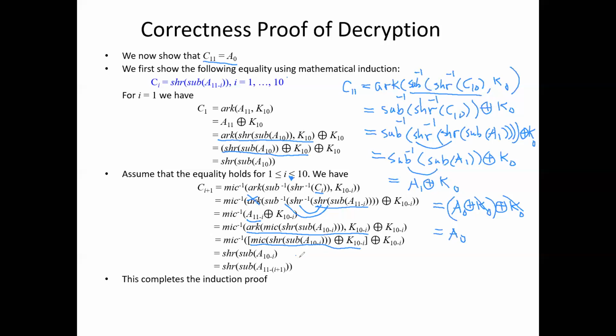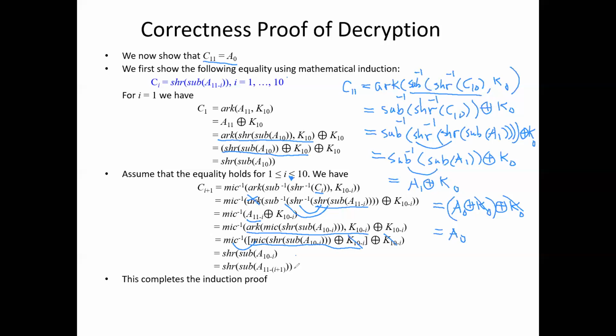Now if you see here, these two cancel because they are the same, and these two cancel. So what we are left with is shift row, substitute bytes, A10 minus I. So A10 minus I is equal to A sub 11 minus parentheses I plus 1.